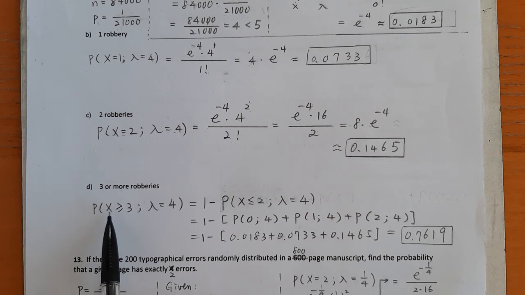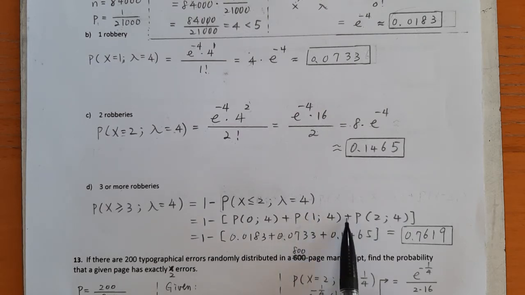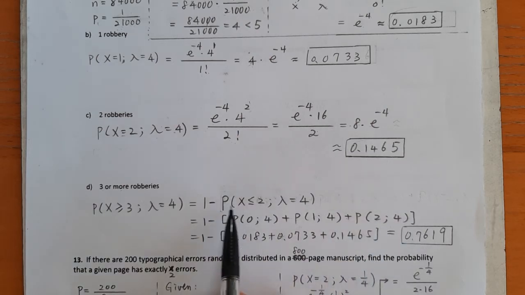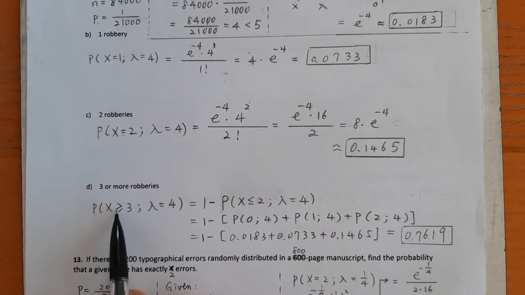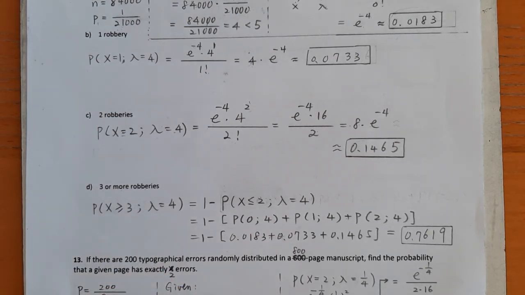So take off from x greater than or equal to 3 the probability of 0 robberies, plus the probability of 1 robbery, plus the probability of 2 robberies. Those are taken off, and what remains is the probability of 3 or more than 3 robberies. So you just need to do 1 minus the probability of 0 robberies, take out 1 robbery, take out 2 robberies.